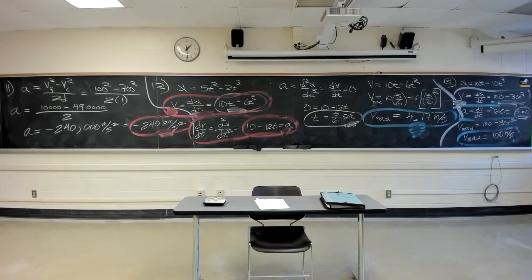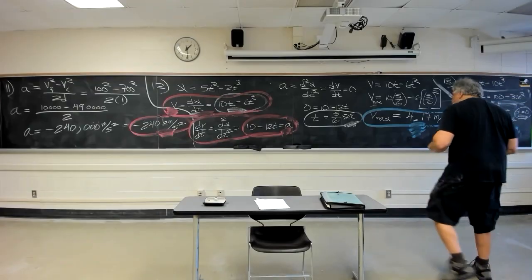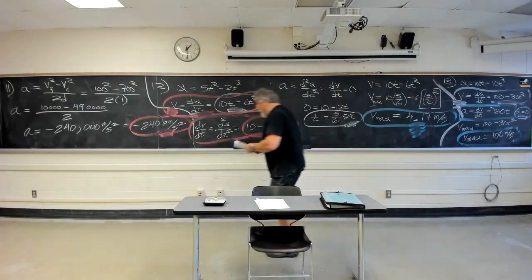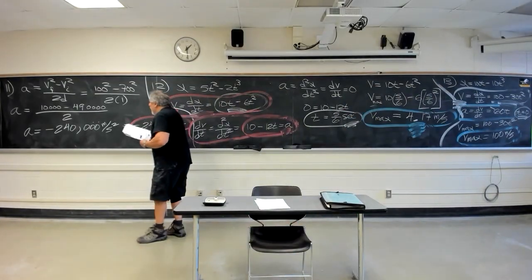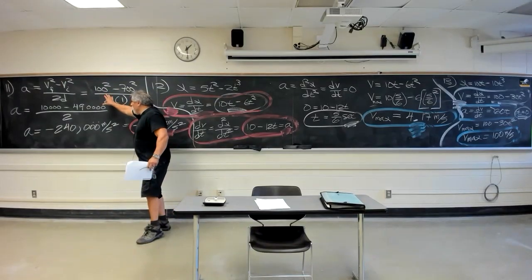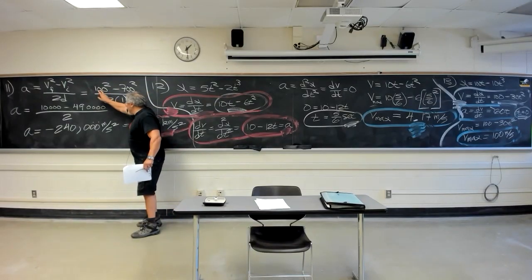Just in case the sound came off a little bit, guys, I just want to make sure we have it all straight here. I don't think it's been a problem, but again, if you're shooting a bullet through a board, this is the exit.